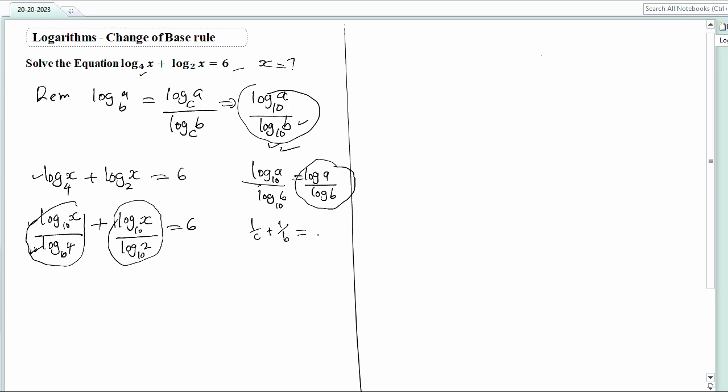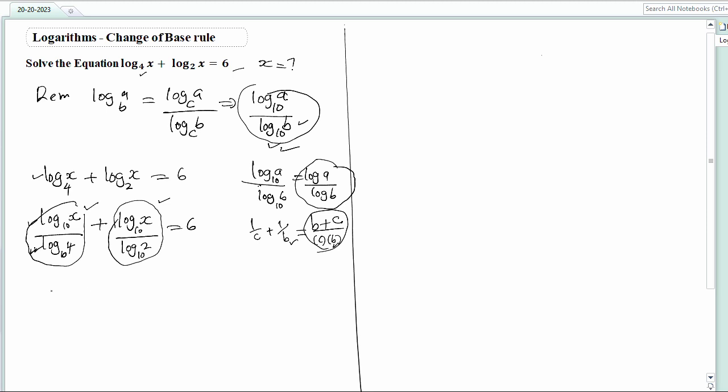If you remember how to add fractions, you get the LCM. Here the LCM is c multiplied by b, and working it out gives b plus c over c times b. Now we can apply this knowledge to work out these two.